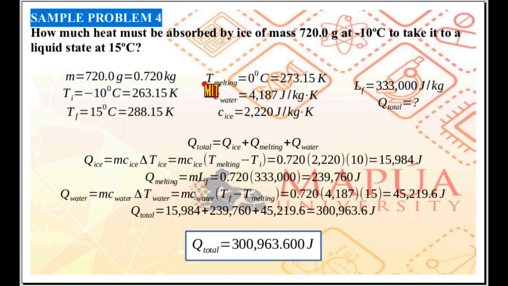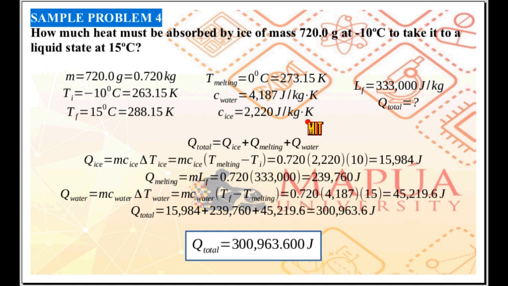The ice will melt. The melting point of ice is 0 degrees Celsius or 273.15 Kelvin. We know the specific heat of water to be 4,187 joules per kilogram Kelvin. We also know the specific heat of ice, 2,220 joules per kilogram Kelvin.